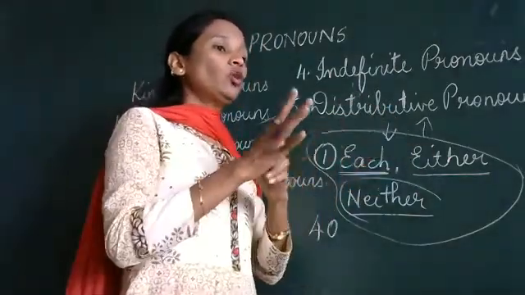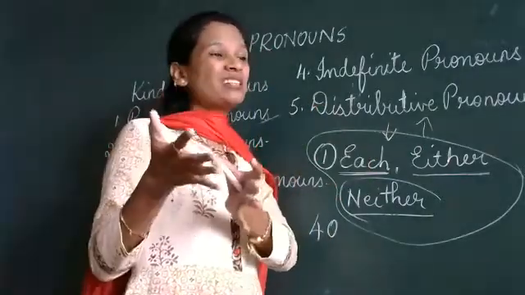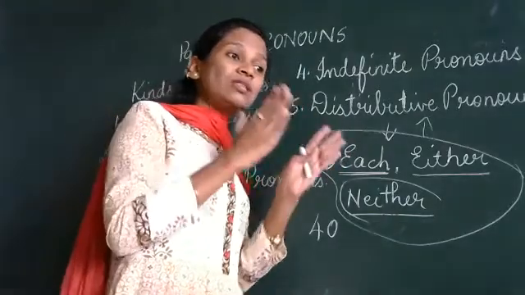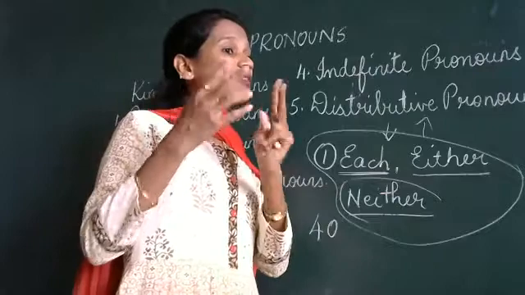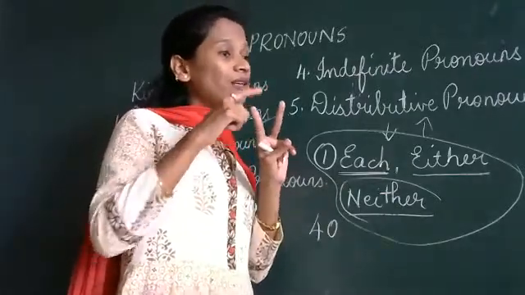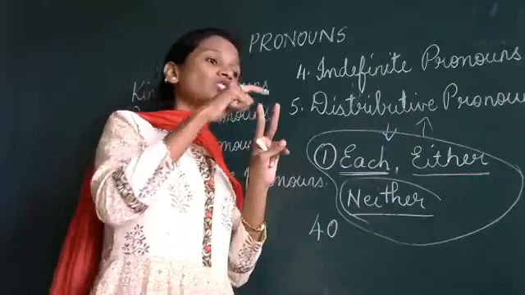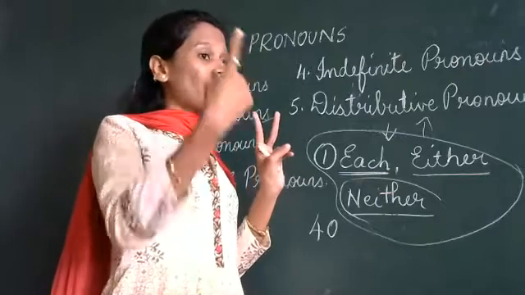If I say you have to choose either English subject or math subject, which one will you choose? You will choose English or you will choose maths. If some of you like maths, you choose maths. That is called either. Out of these two subjects, one will be your favorite, so you say, ma'am, I like maths.